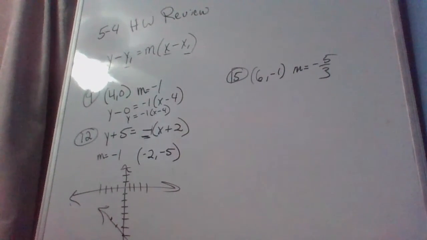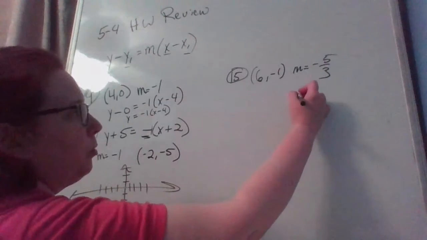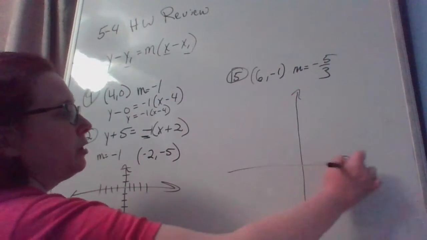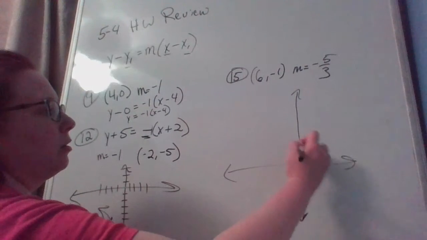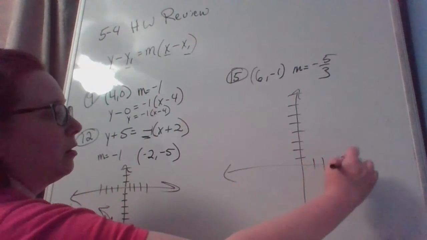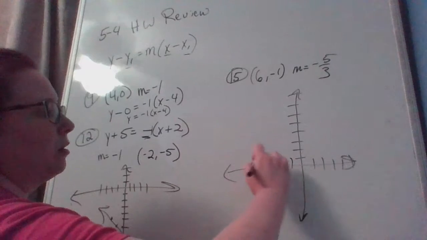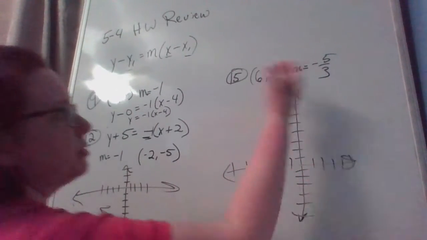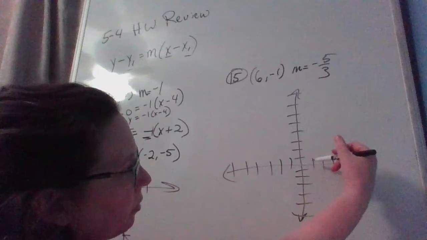So number 15, we're given our point and our slope, and we're just going to graph. So our point is 6, -1.